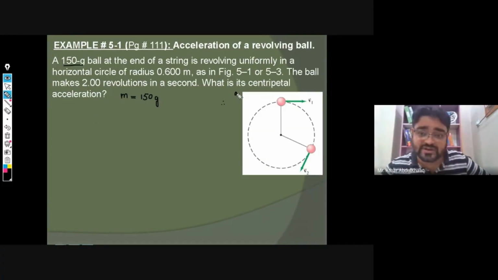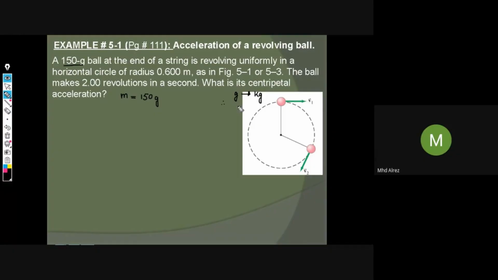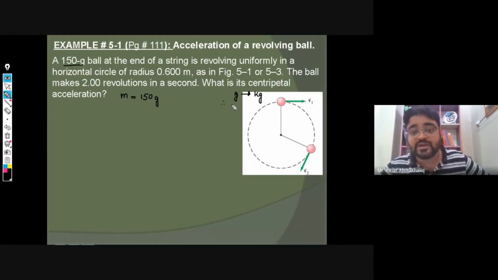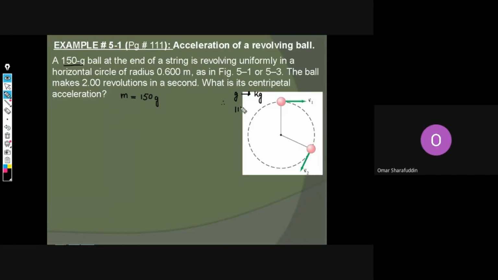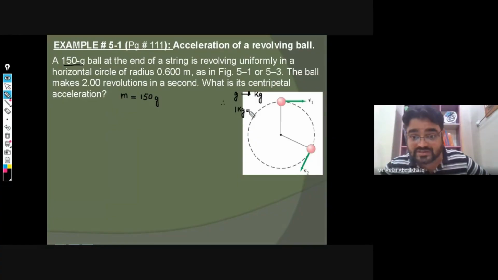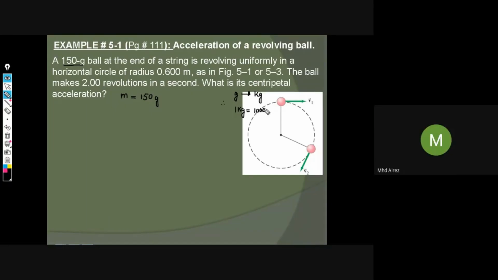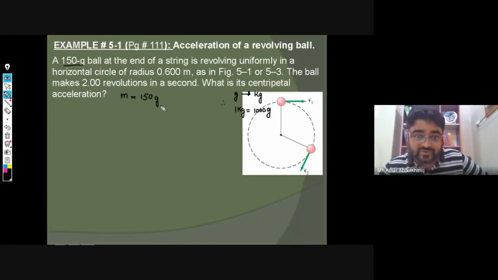We need to convert gram to kilogram because our SI unit of mass is kilogram. So when you convert gram to kilogram, what will you do? You know that 1 kilogram is equal to 1000 grams. If you want kilogram from gram, just divide by 1000.